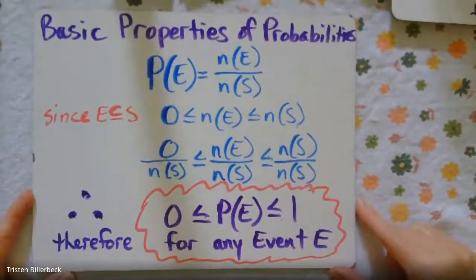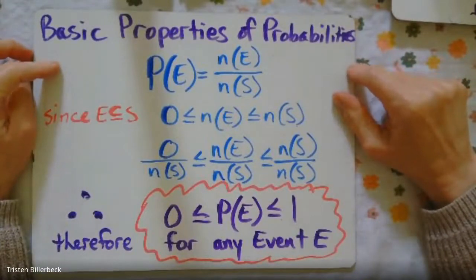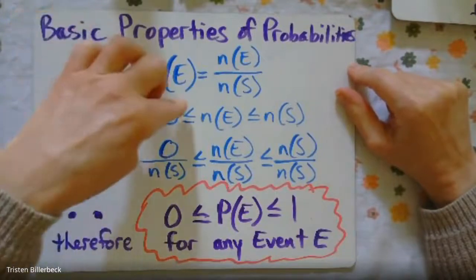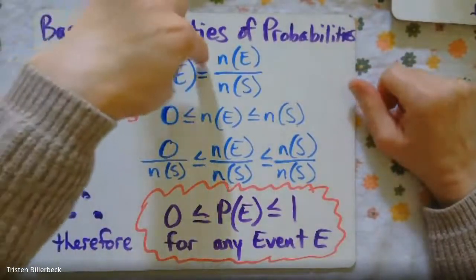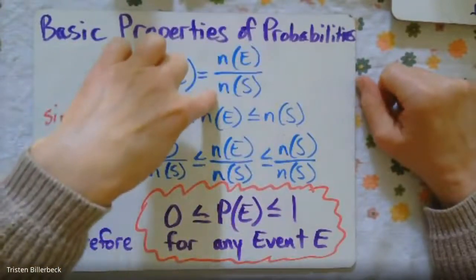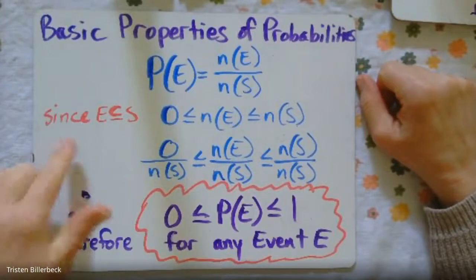All right. So the basic properties of probabilities. If we have the probability of event E, it, of course, is the number of outcomes in event E over the number of outcomes in the sample space.